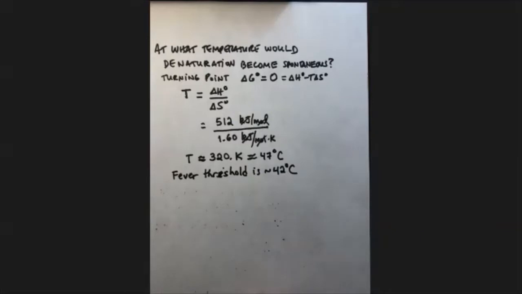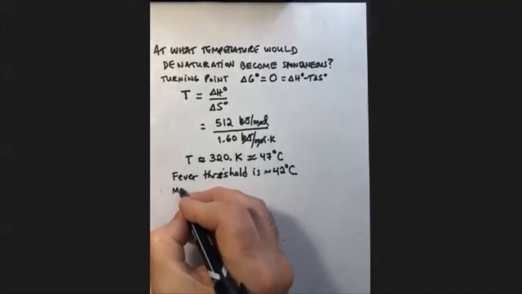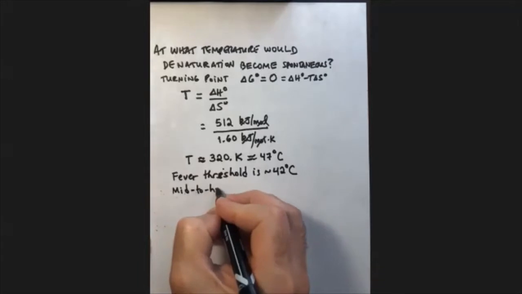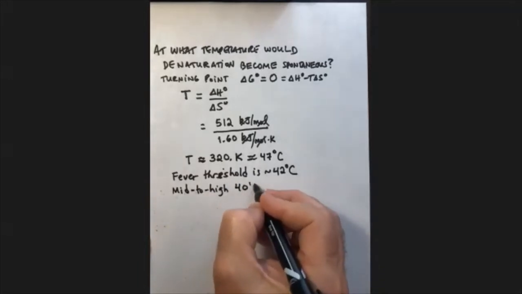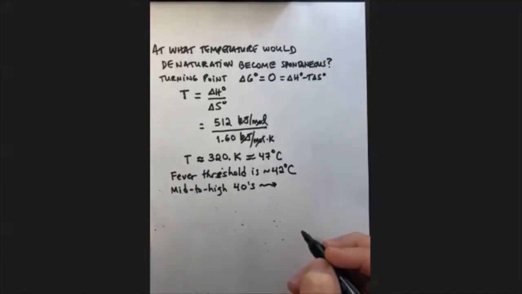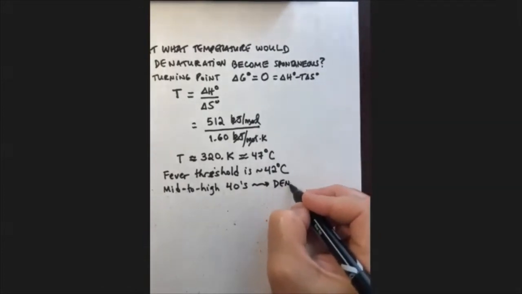Now, look at that. 42 degrees is only 5 degrees Celsius from the temperature at which at least that protein I'm talking about starts unfolding. Imagine if this is common for many proteins in the organism, that in the mid to high 40s you start seeing some of this denaturation of proteins.